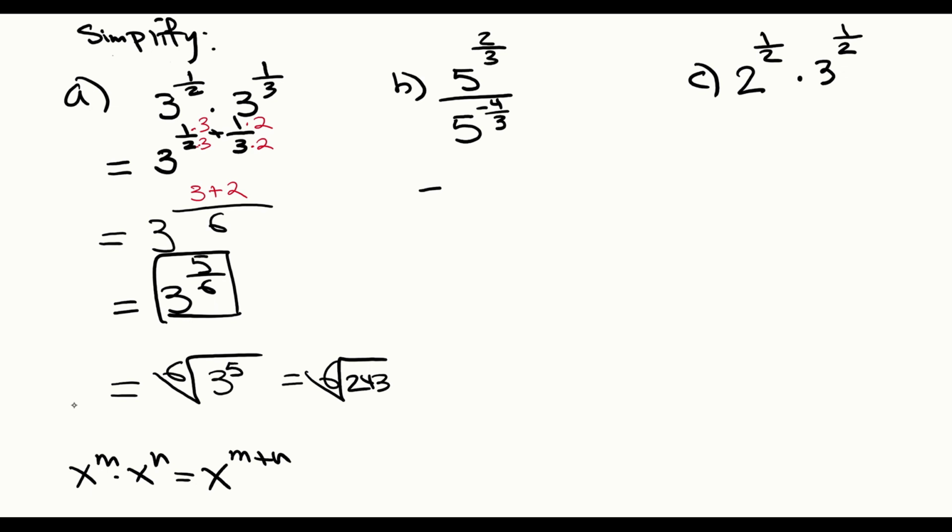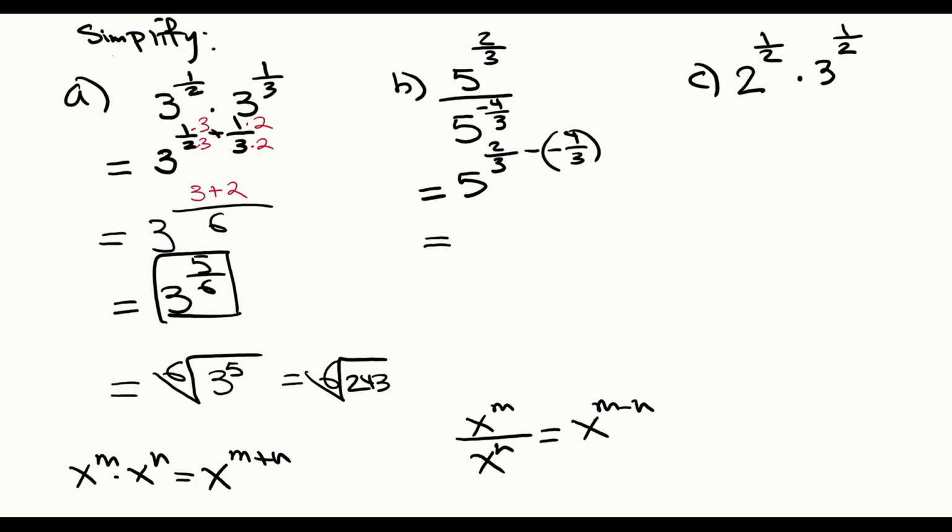So part B, we realize this time we have a quotient of two powers with the same base. So this time we'll go ahead and apply the quotient rule, which I'll remind you down here: x to the m over x to the n equals x to the m minus n. So we're going to get 5 to the power of 2/3 minus -4/3.